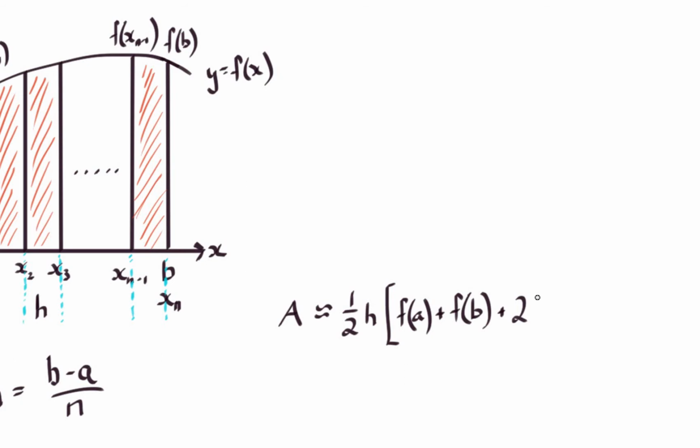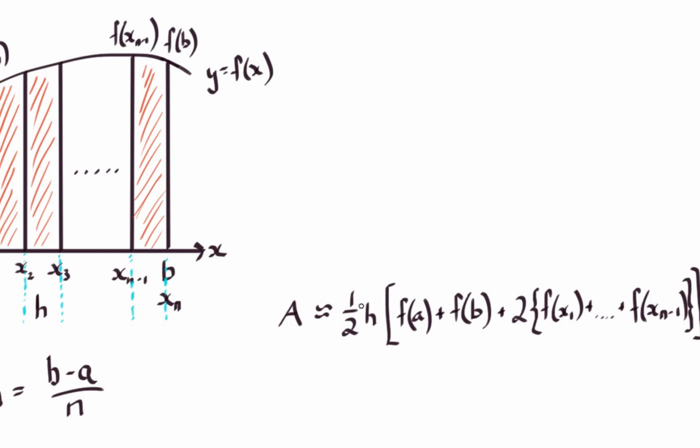Right, so 2 lots of everything else. Use some different brackets here. So we have f of x1 plus f of x2 plus f of x3 all the way until that second last value, f of xn minus 1. Getting cramped.